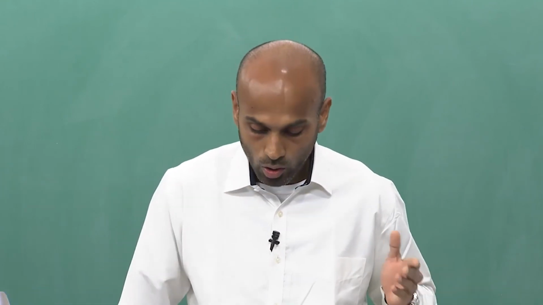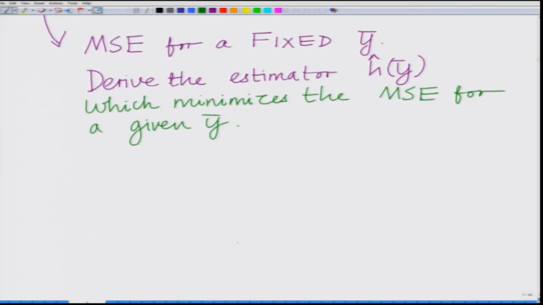All right. So, now how do we derive the estimate which yields the minimum error for a given y bar? We have this expression for the mean squared error for a given y bar: the integral of h hat of y bar minus h whole square, p of h given y bar, d of h.